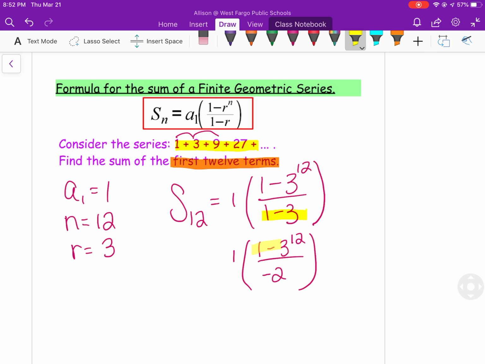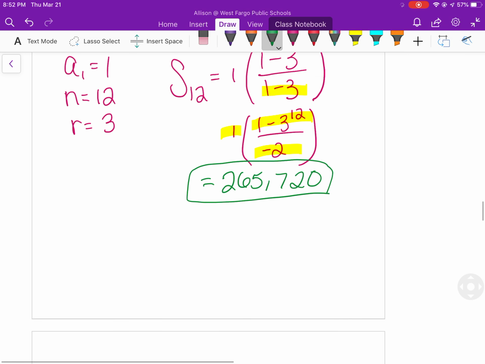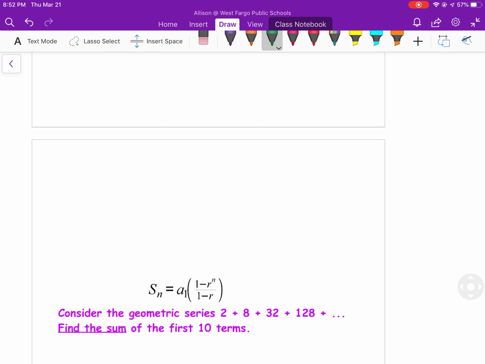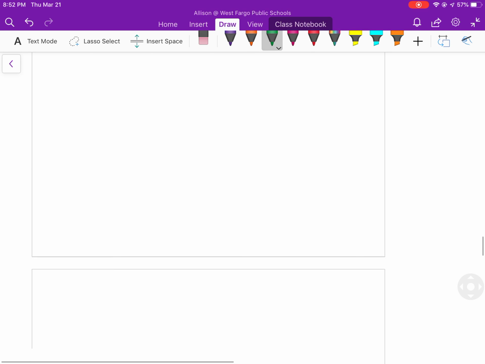I type this in my calculator, hit enter, then divide by negative 2, then times 1. And I ended up with 265,720. That'd be the sum of the first 12 terms of this series. Okay, so I think you get the gist of plugging into the formula.